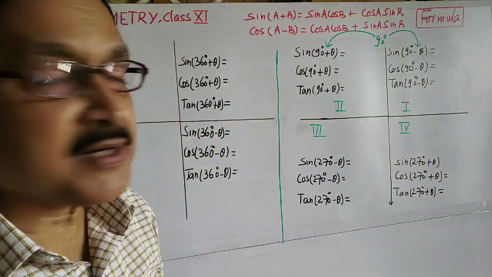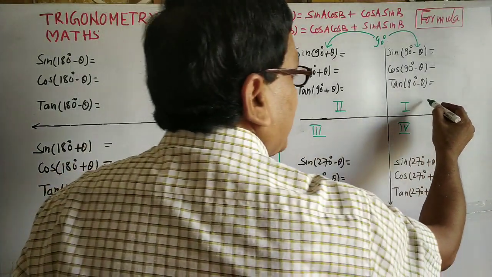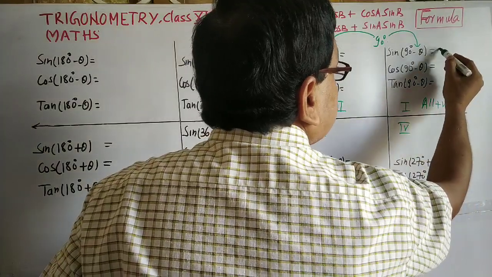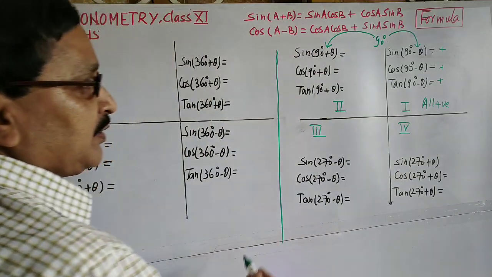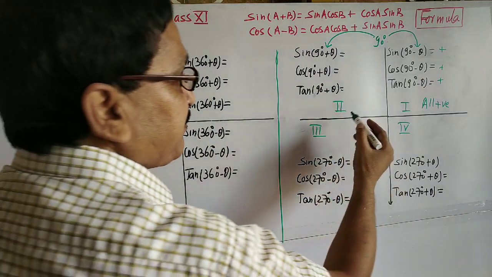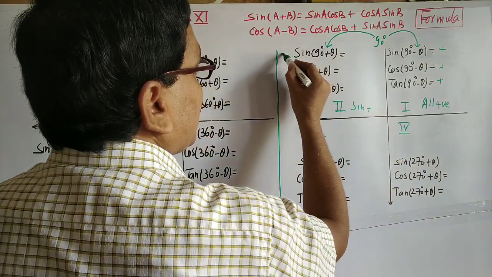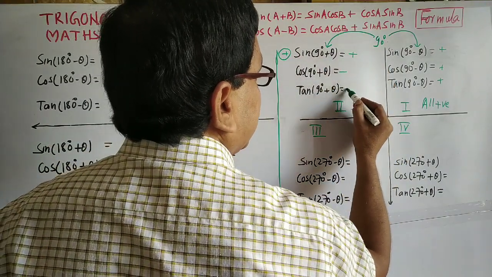These are the quadrants. Now we know that in first quadrant all are positive. So this positive, this positive, this positive. In second quadrant, sin is positive. So this positive means plus, others will be minus.